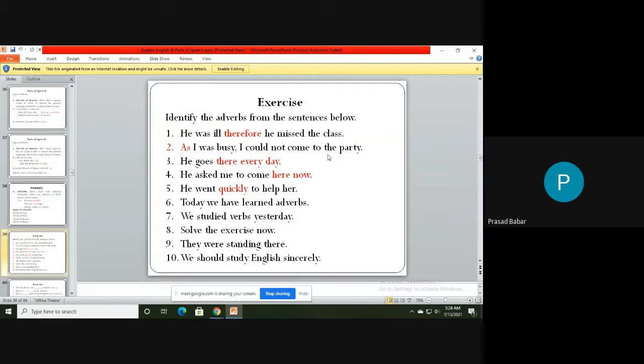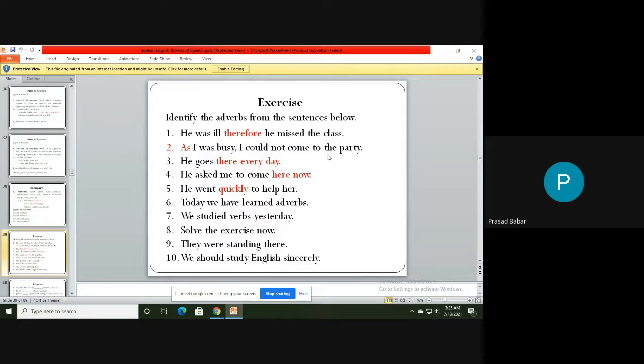In the fifth sentence, he went quickly to help her. So what will be the adverb and what will be the type of this adverb? In this sentence, he went quickly. Quickly is the adverb which is used in the sentence. And what is the type of this adverb? Time? He went quickly to help her.